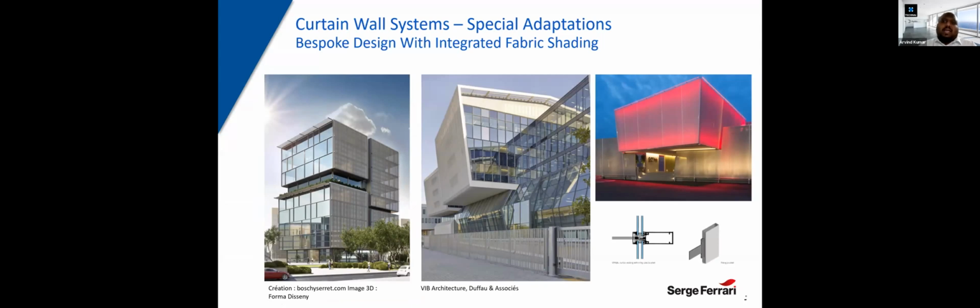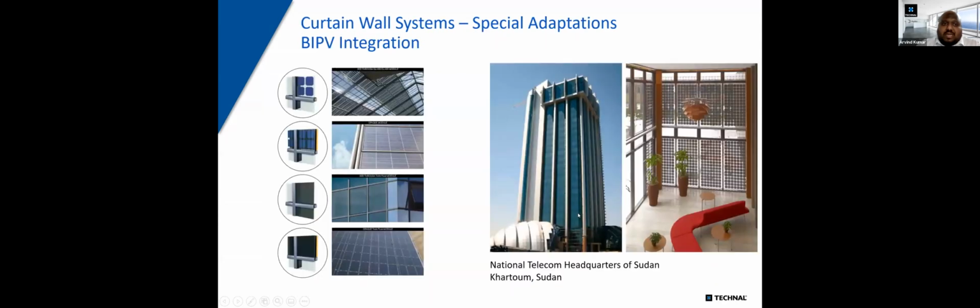And you can add lighting to this, you can add your branding to this. And what's important is that you don't have any secondary frame required to host such fabric. You can directly incorporate it onto the curtain walling system through the special fixing bracket which we have. And this helps you to play around not only with new projects but also retrofit projects. If you want to rework a facade, I think these are great ways to improve your facade shading.